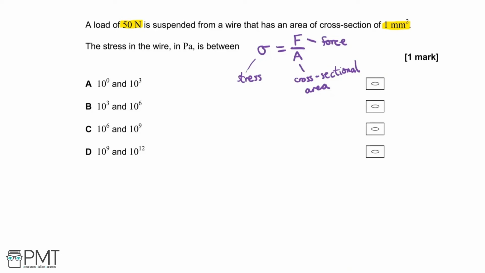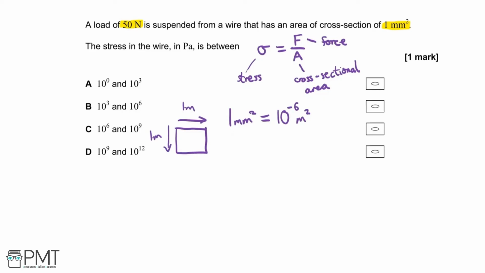Now, 1 millimeter squared is actually equal to a millionth of a meter squared. Because if you picture a square grid that's a meter long and a meter tall, there are 1,000 millimeters in a meter.